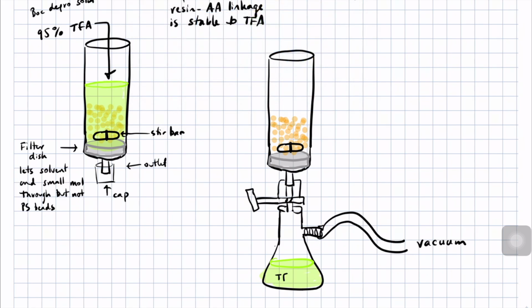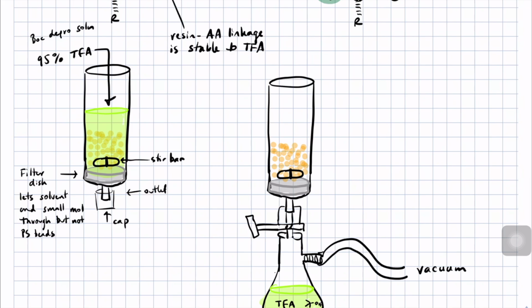So now your TFA solution is here, your tert-butanol that came off in the deprotection is there, and you now have these beads of resin that are basically, you've done a purification without having to run a silica column. And then you can also rinse with some solvent that will wash out the residual TFA. Often the solvent we use is dichloromethane. And so you can do that 3 to 5 times.